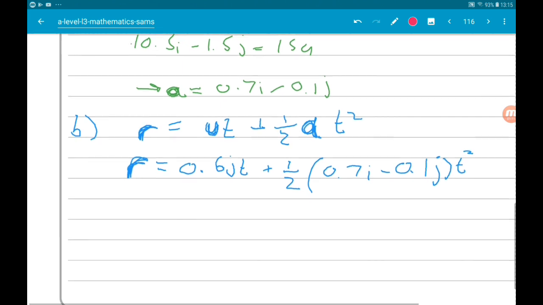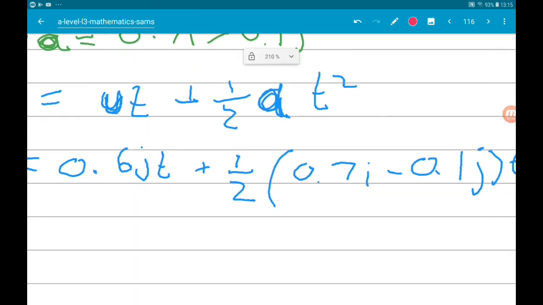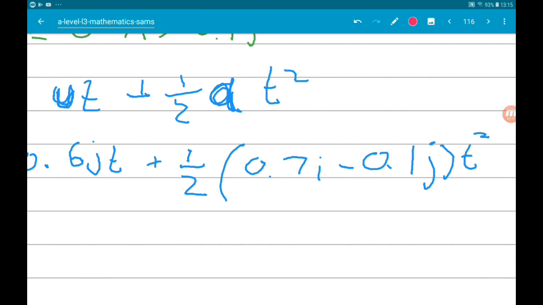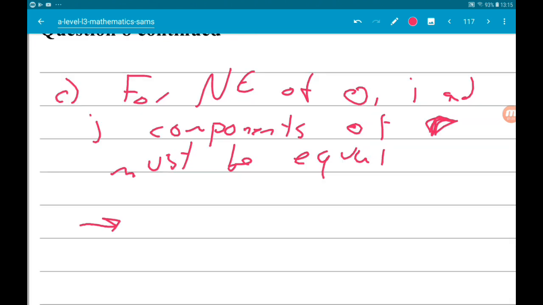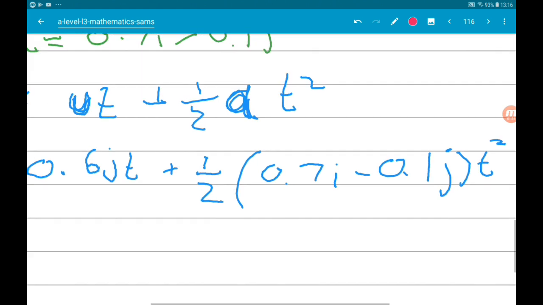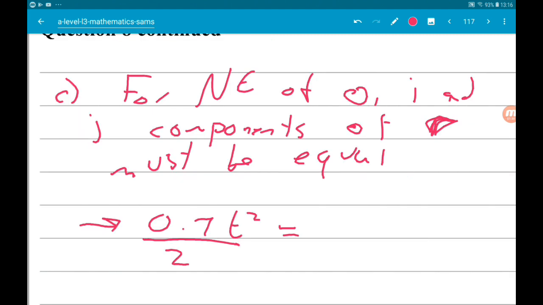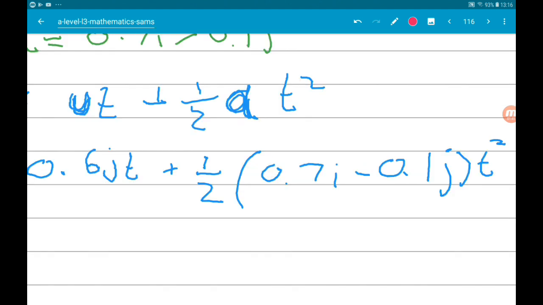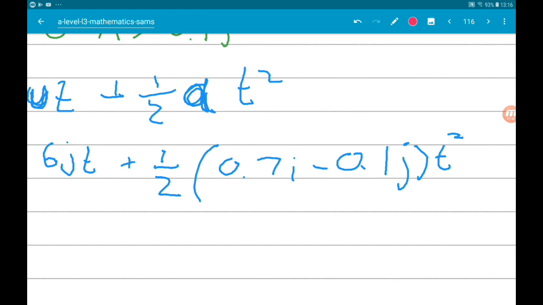So for I, we just have 0.7 t squared over 2. And for j, we have 0.6 t minus 0.1 t squared over 2.